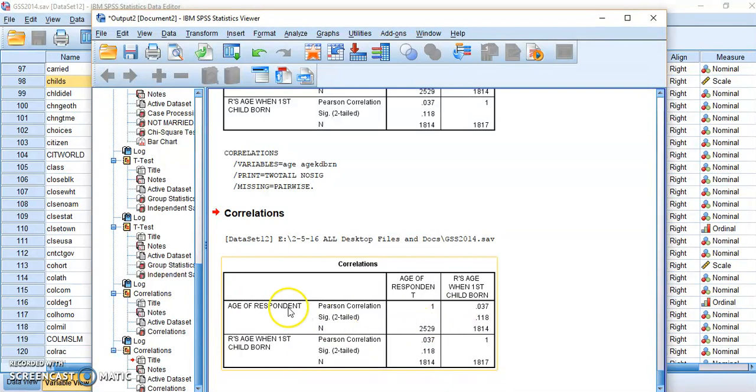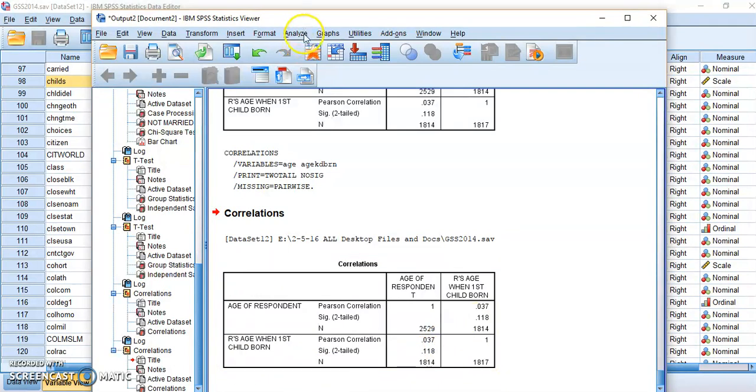So the age of respondent is not really related to the age the child is when it's first born. Further, the results are not statistically significant. So the p-value is over 0.05.